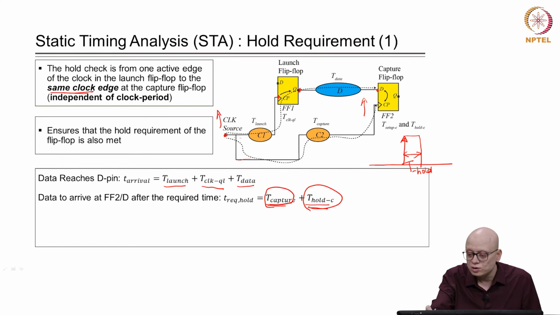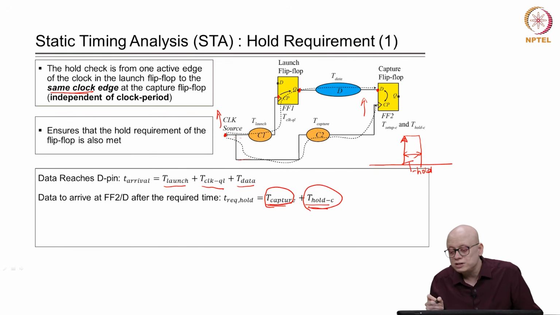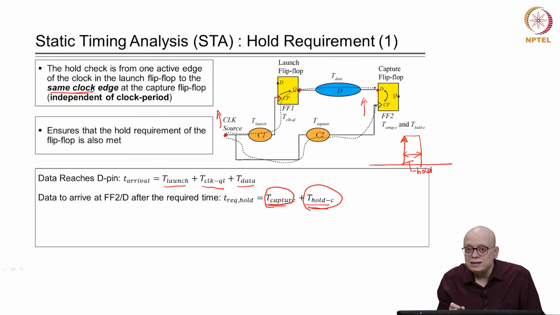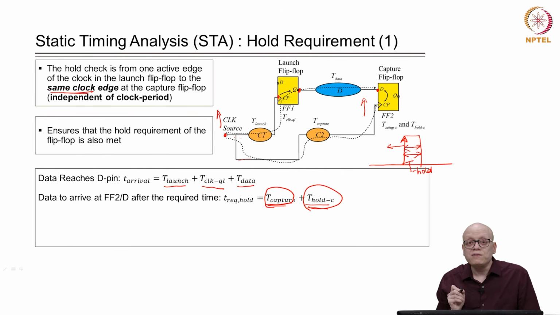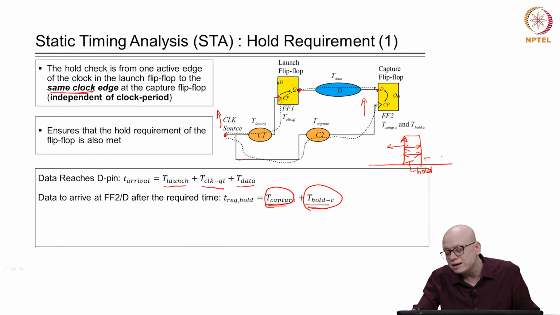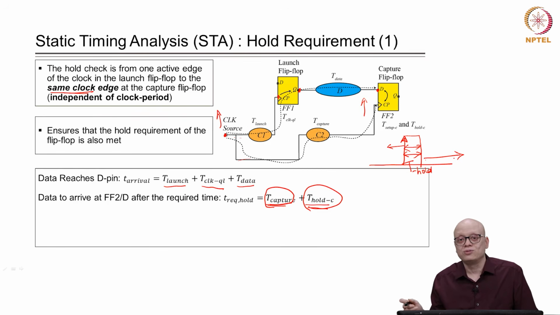So, after the clock edge, the data should remain steady for the time T hold. Now, the required time is such that the data should not come within this window. If it comes within this window, then we will get a hold violation, and data can come any time after this window, right, and that is why we need to add this T hold C.